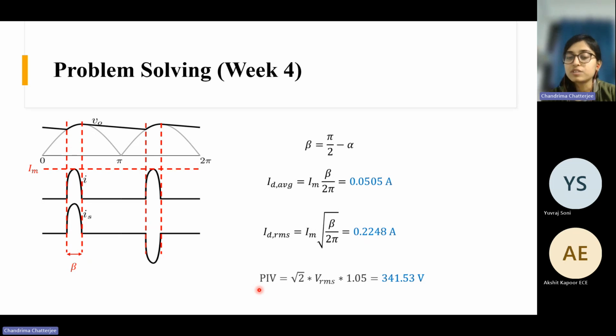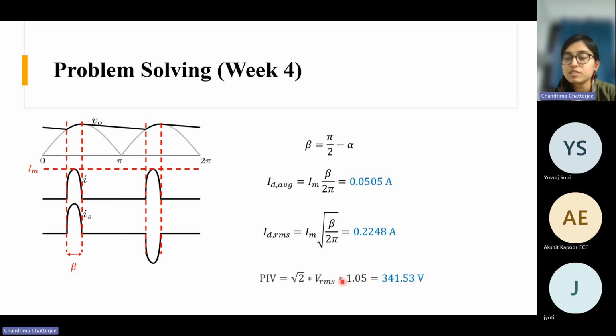And peak inverse voltage is also another important parameter for choosing the diode. What should be the maximum voltage the diode should withstand? That comes out to be root 2 times Vrms into 1.05, because again we have a tolerance of the grid voltage, so I have multiplied by 1.05. This is 341 volt.